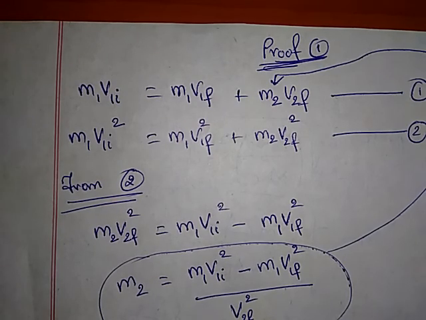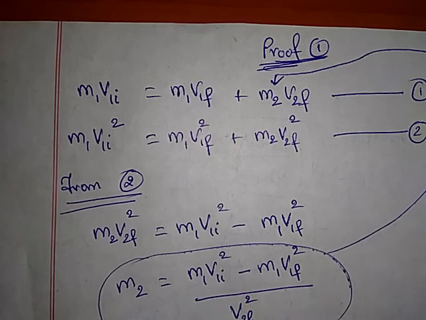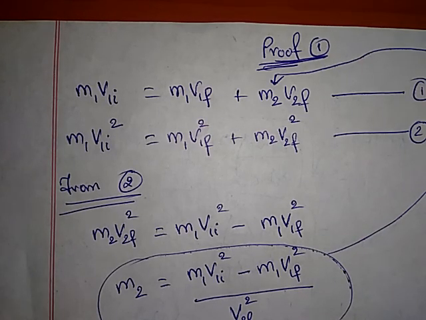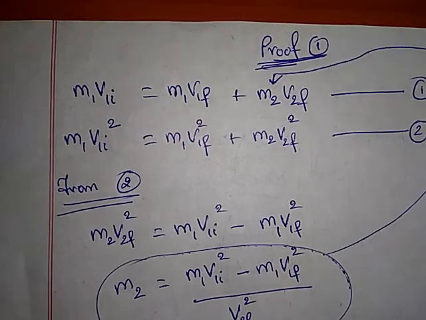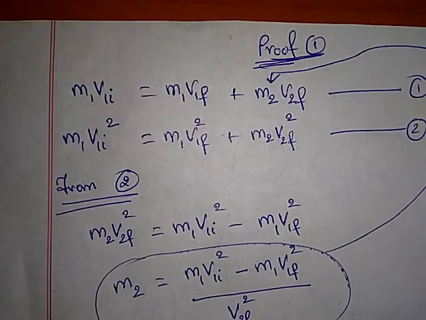Now if you carefully see, you expand this equation. So you will get M1 V1F, you are multiplying this with the first term and the second term, you will get this. Now M1 is constant throughout, so cancel out M1, and then multiply this equation by V2F.